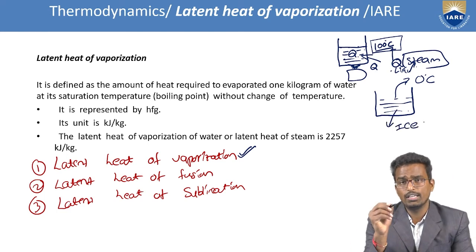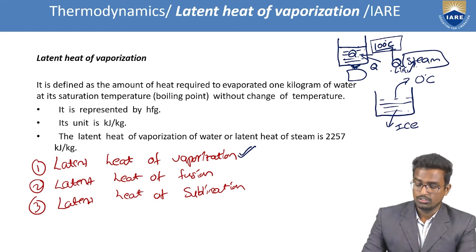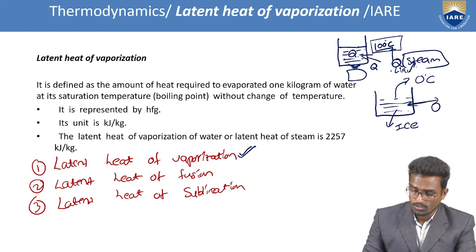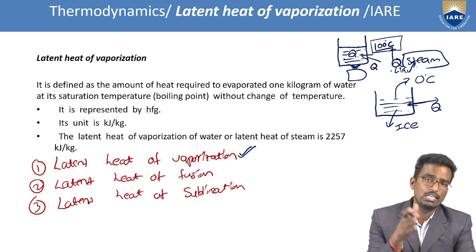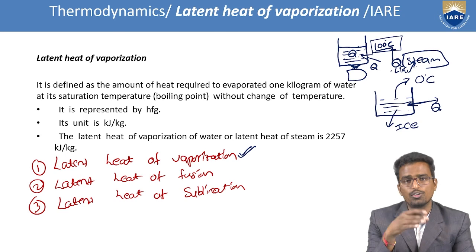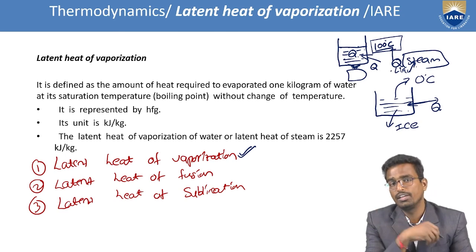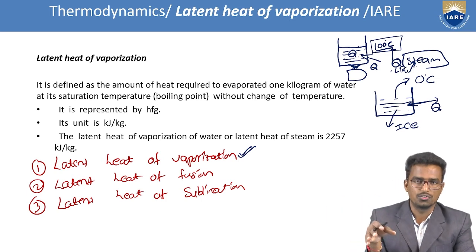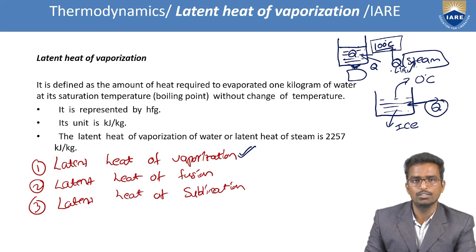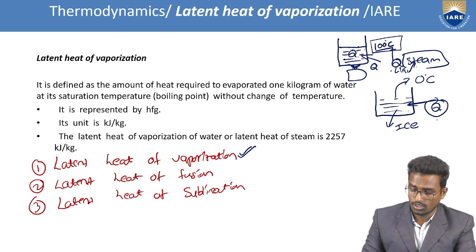So latent heat of fusion is the amount of heat removed from or added to a system to change liquid to solid or solid to liquid. If it changes from liquid to solid, that is heat removal, and if it changes from solid to liquid, it is heat addition. That amount of heat, either adding or removing, you call the latent heat of fusion.